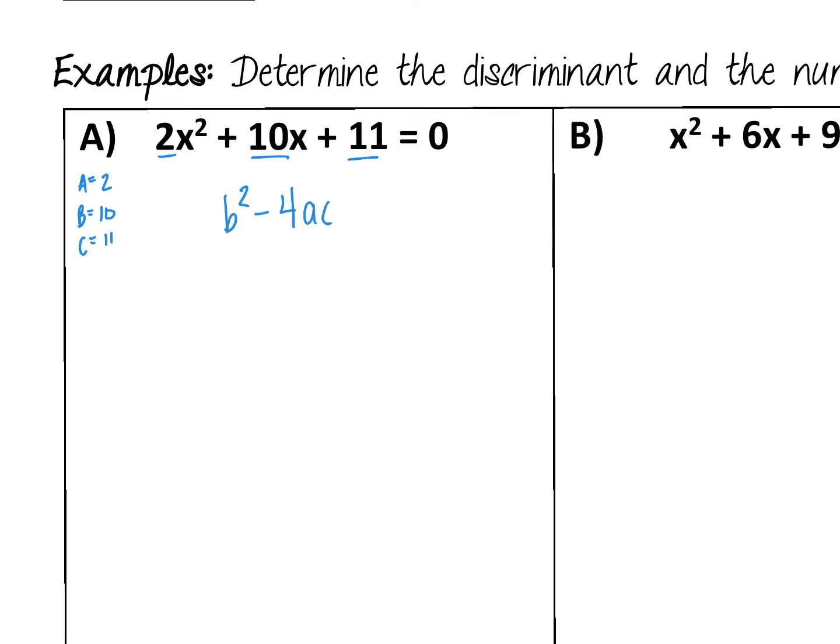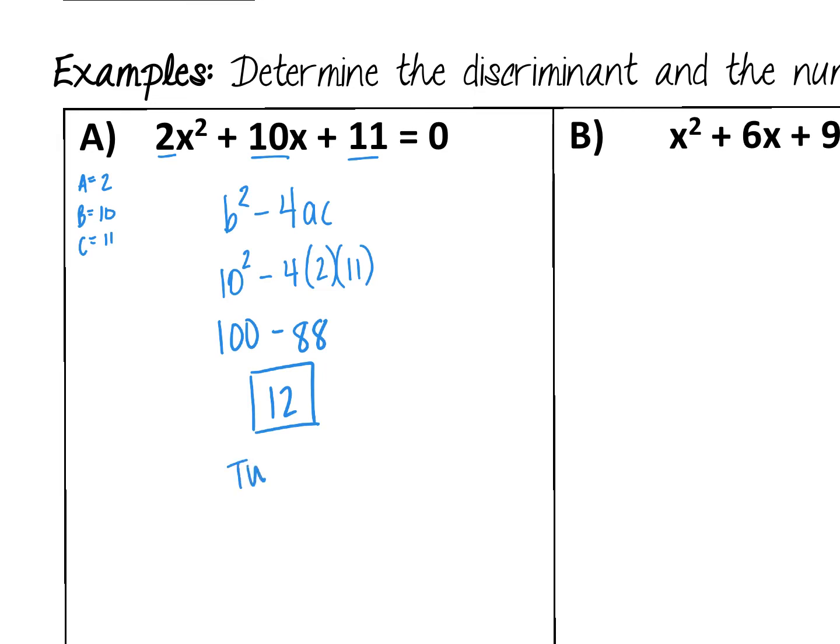So then I just fill in what I know. 10 squared, that's B, minus 4 times A is 2, and C is 11. You can put this in your calculator just as it is, or you get 100 minus 8 times 11 is 88. You get 12. Okay, so my discriminant is 12, which means I have two real roots because it's a positive number.